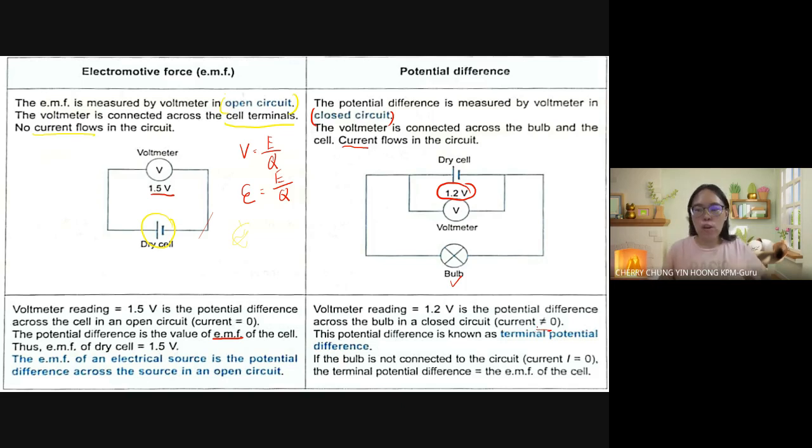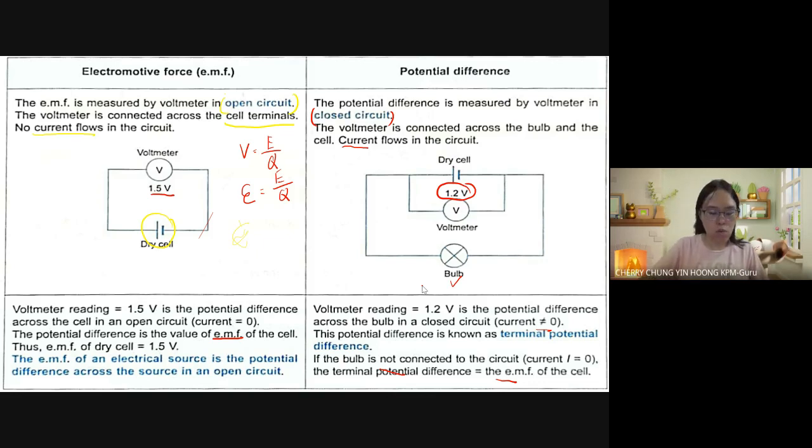If the bulb is not connected to the circuit, the terminal potential difference is our EMF. In other words, if we want to measure EMF, it is the voltage of the battery in an open circuit, not yet connected in a complete circuit. Once it is connected to a complete circuit, we no longer call the battery's voltage EMF; we just call it the ordinary potential difference.